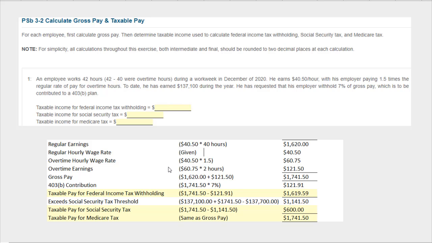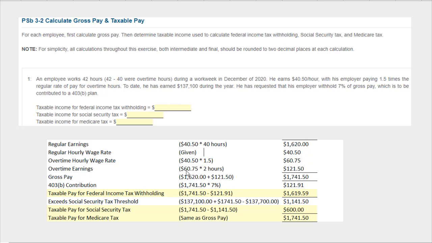Well, for overtime earnings, first we need to know the regular earnings rate, and that's $40.50. And overtime is time and a half, so 1.5 times the regular rate of $40.50. Then we get the overtime rate, $60.75.